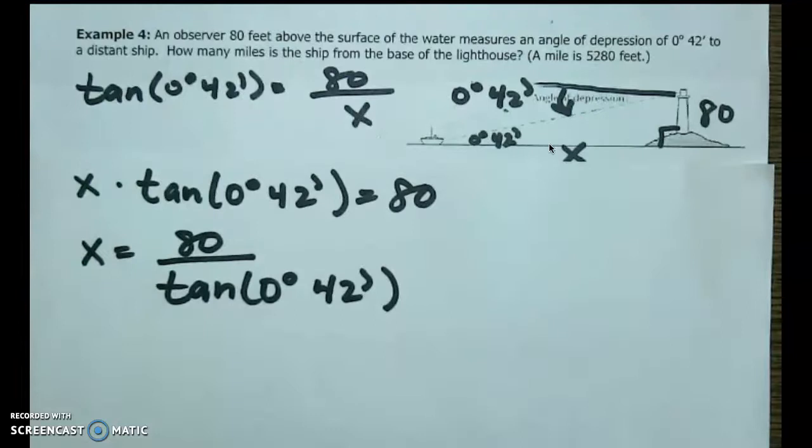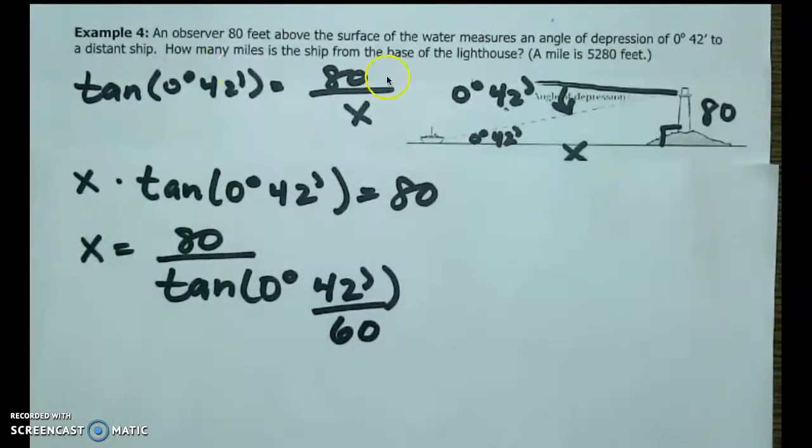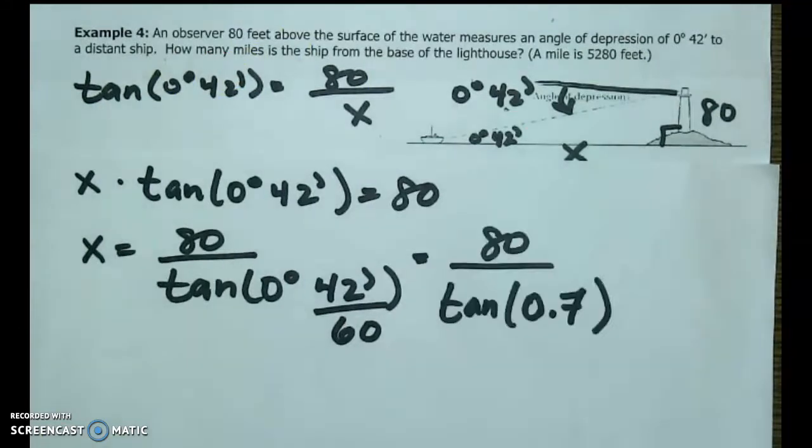Now we're going to want to type that in, but first we're going to want to change that into degrees. So take your minutes and divide them by 60. And when you do 42 divided by 60, your calculator gives you 0.7. So you've got 0 degrees and then 0.7, which is 0.7. So you can change the problem to this, and now type in 80 divided by a tangent of 0.7.